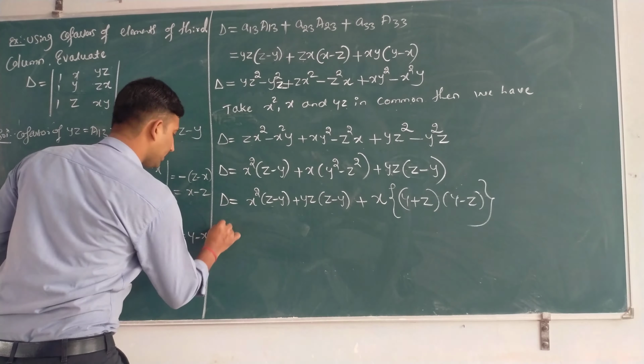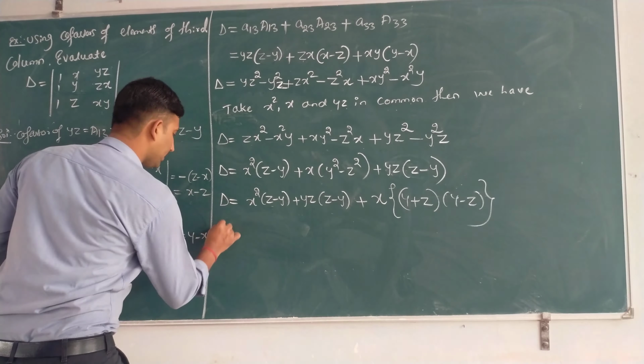Delta is x square z minus y plus yz z minus y plus x here y plus z, here you write it as minus z minus y, minus you take it as common. Then immediately what happens, the value of y in the positive section then it becomes negative.